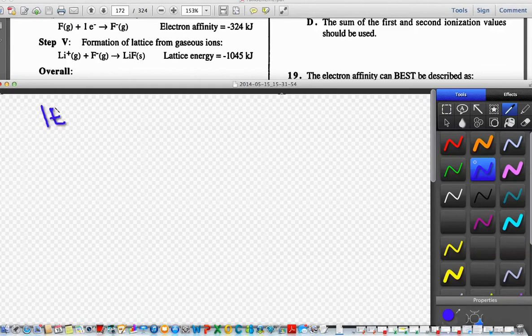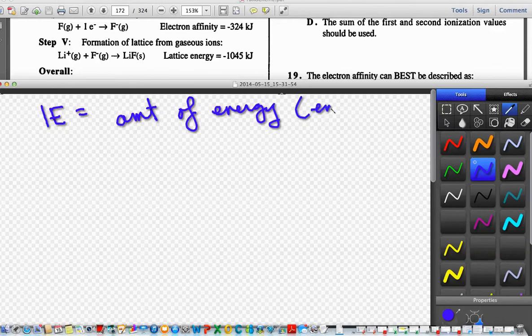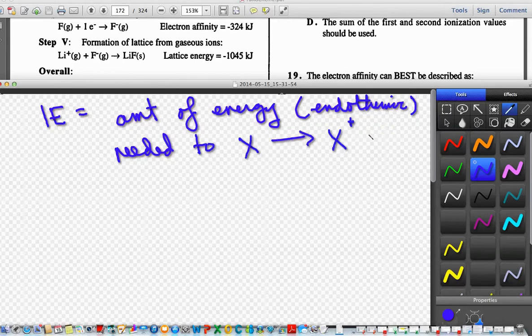Ionization energy is defined as the amount of energy, so by definition this is an endothermic process, needed to convert an element X into a cation by removing an electron.